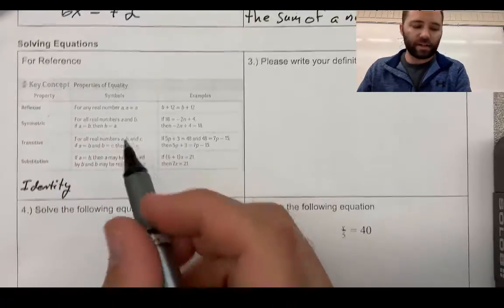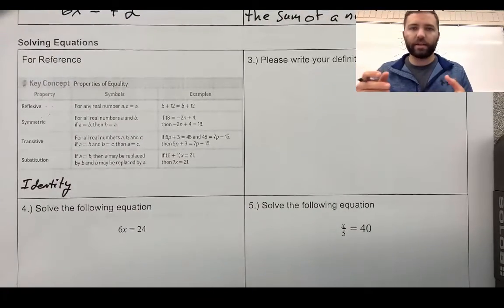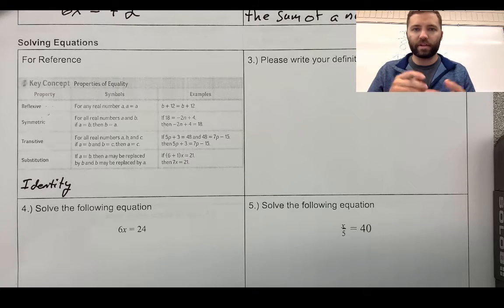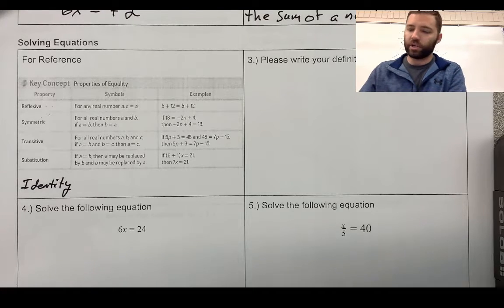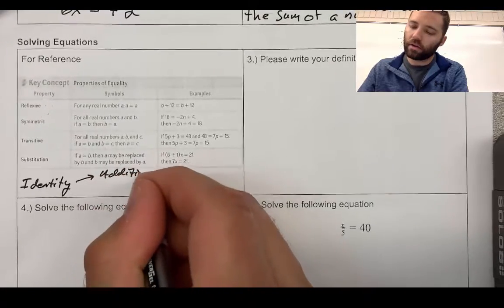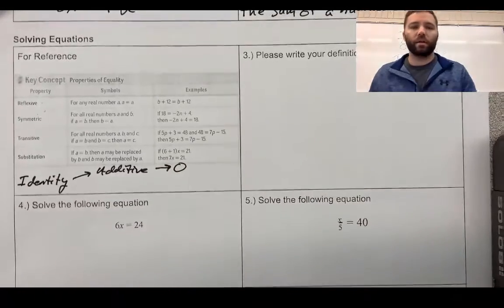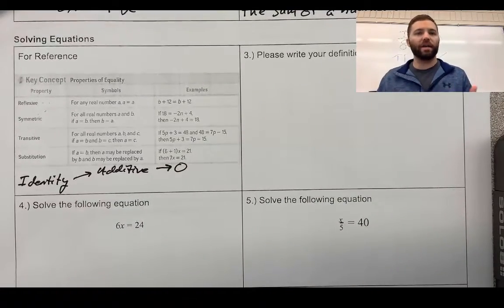The identity comes in different forms for different operations. The identity is the number that basically doesn't change anything. So for addition, or what we call the additive identity, we have 0. 0 is the additive identity because if you add 0 to any number, you don't change the number. 7 plus 0 is 7, okay?